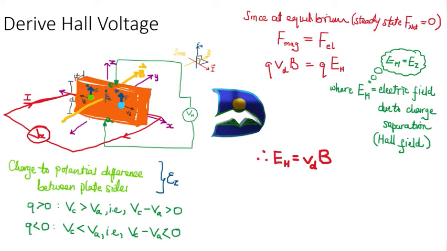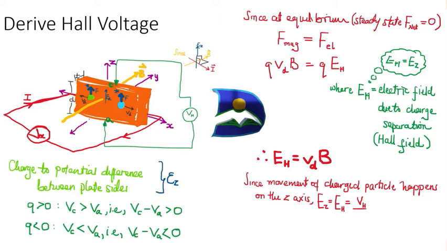So since the movement of charged particles happens on the z-axis, we can express the Hall's field in terms of the Hall's voltage and that of the width of this particular material.